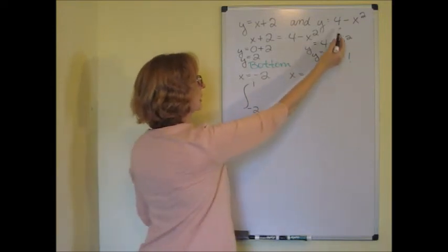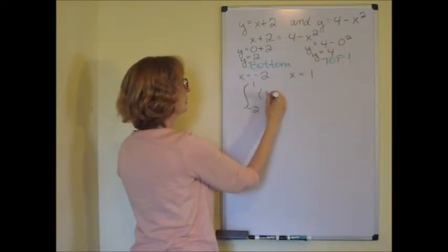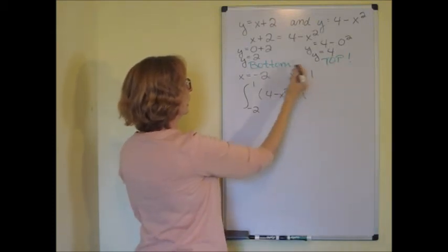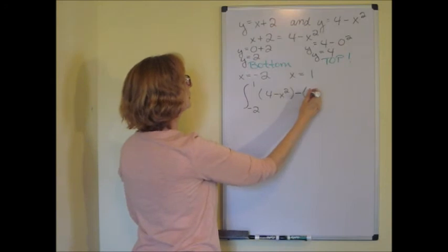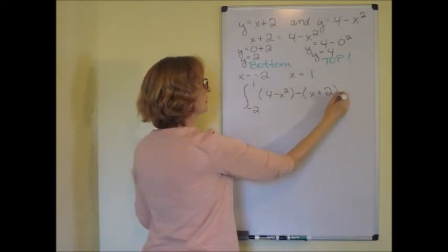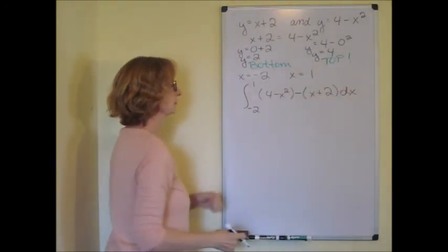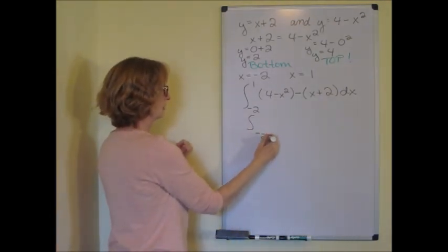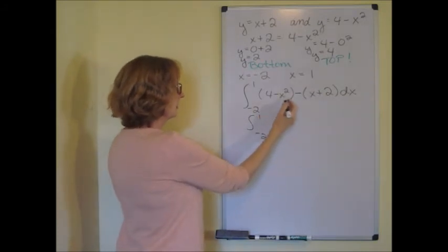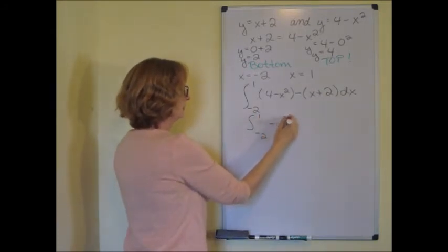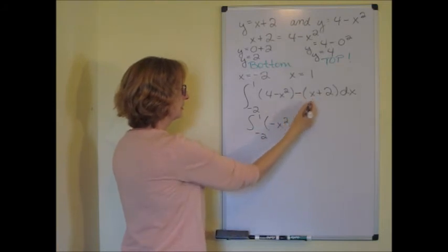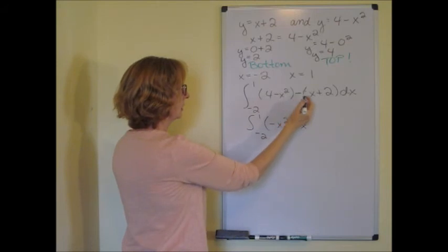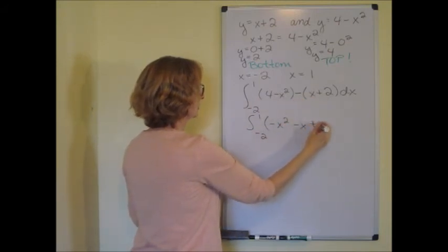Top is this second equation, which was 4 minus x squared, minus, and then the bottom is this first equation, x plus 2 dx. Let's distribute, put everything together. Let's see, I've got a negative x squared. This will be a minus x. And then 4 minus 2 is a plus 2.